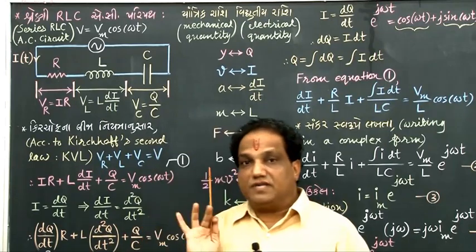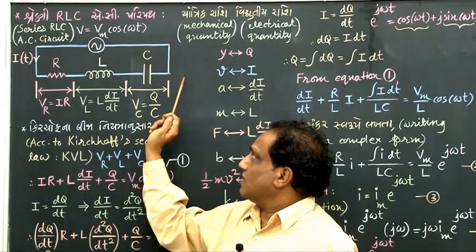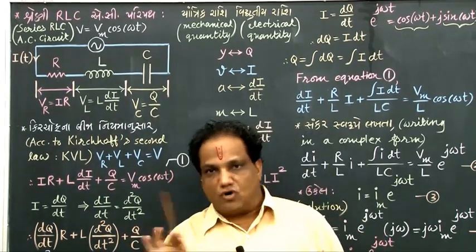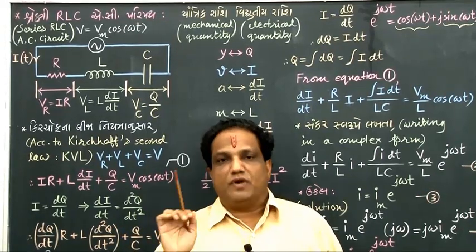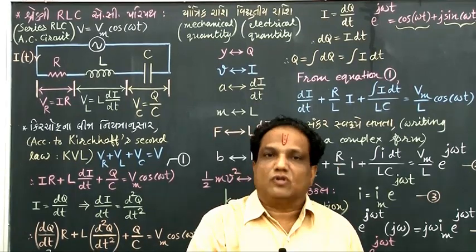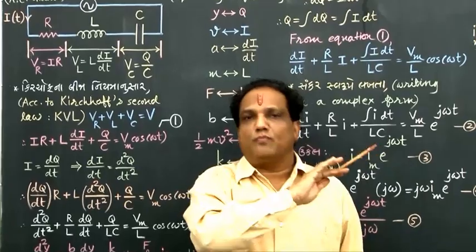Correct? My dears, it is necessary that these three components are connected in series, but the order is not important. You may connect first of all inductor, then capacitor, then resistor, or first capacitor, then inductor, then resistor, no problem.